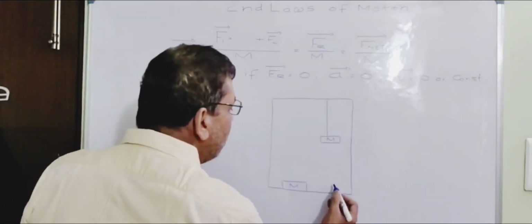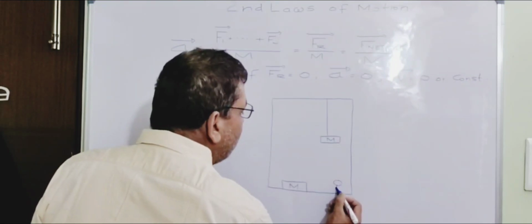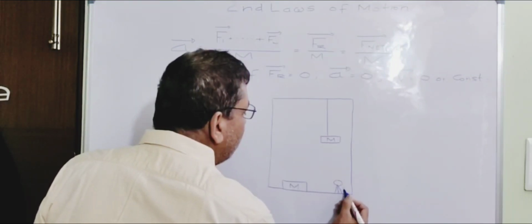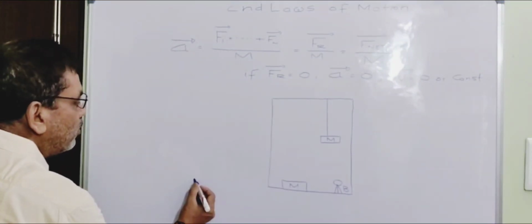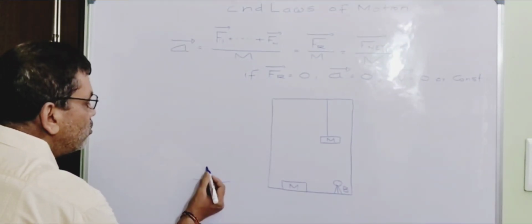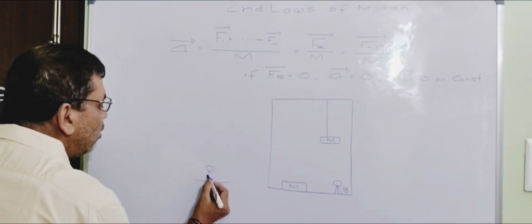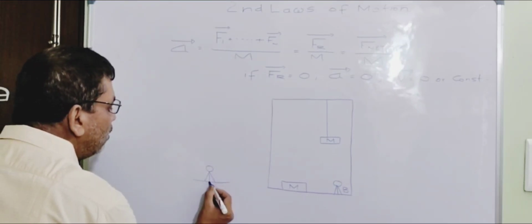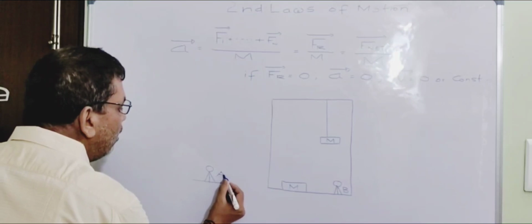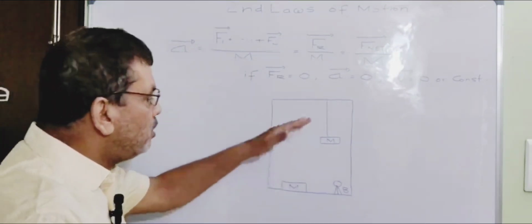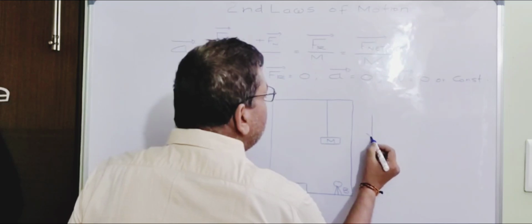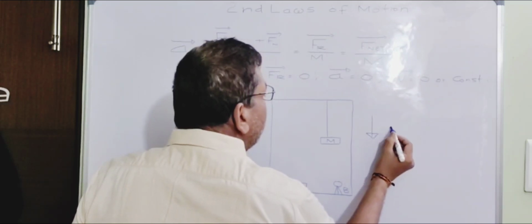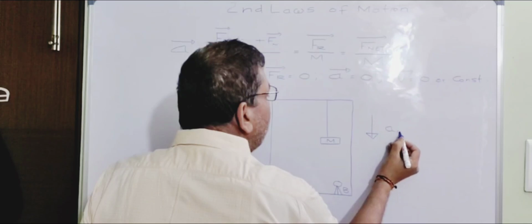Now a man B is standing inside the lift, and another man A is on the ground. Suppose this lift is accelerated in the downward direction by a naught.